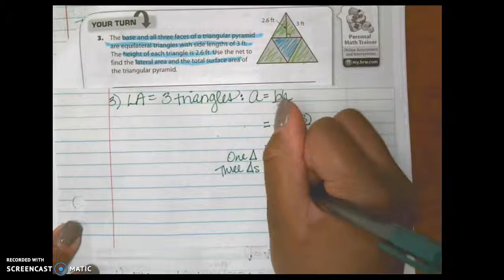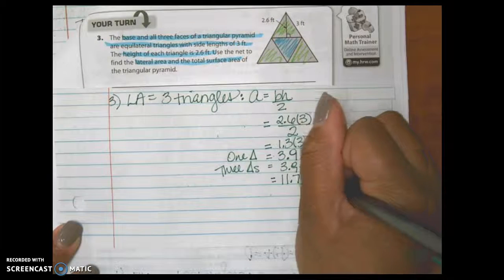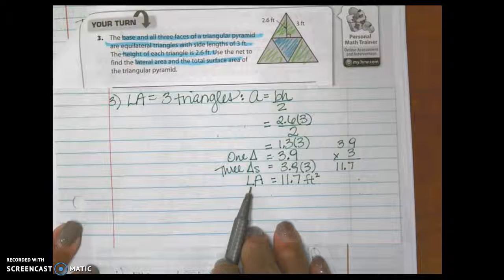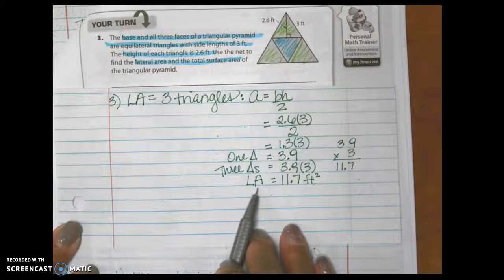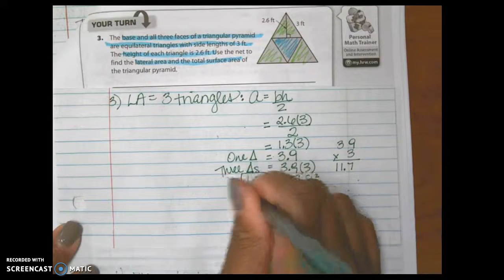Good. 11.7 feet squared. This is also my what? Your something surface area. My lateral area.